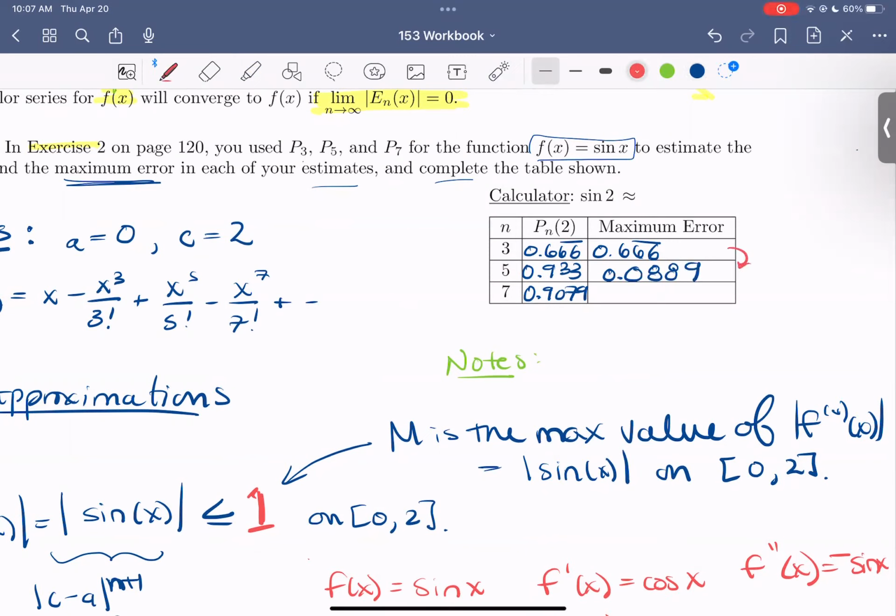What do we notice between the error for P sub 3 and P sub 5? The error is getting smaller, which is what we should expect. As we use larger values of n, so Taylor polynomials with more terms, our error should get smaller because our outputs get closer to the function value.